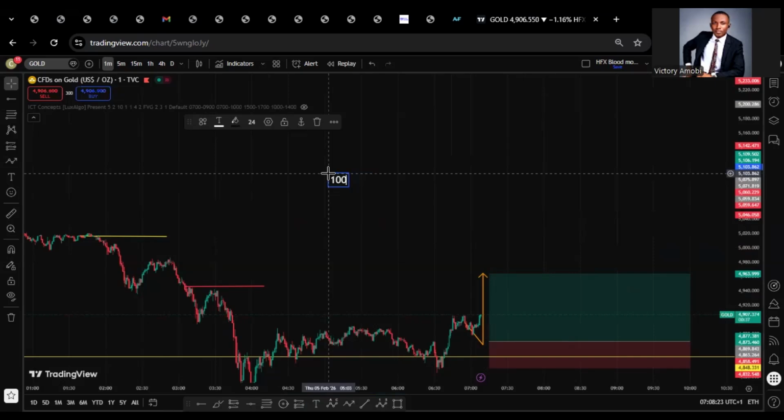You can be delusional to start aiming for 100% accuracy. That's not what they're looking for. Even with 50% accuracy, you're good, right? You can still be profitable with 50% accuracy.